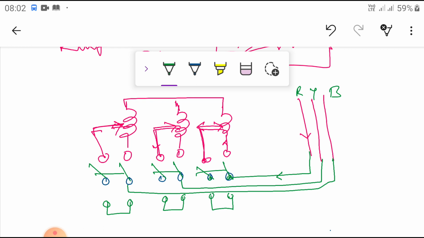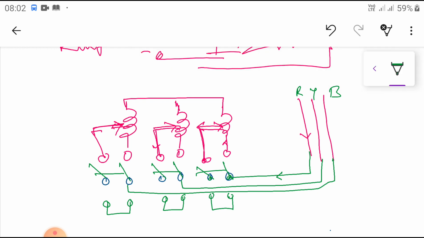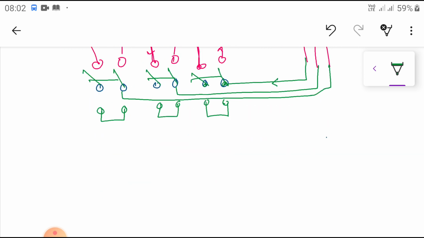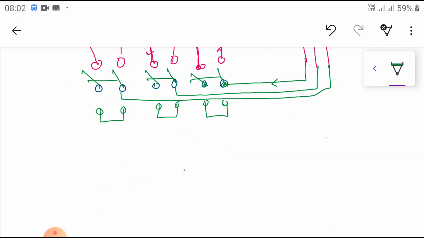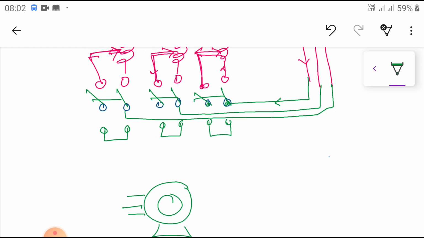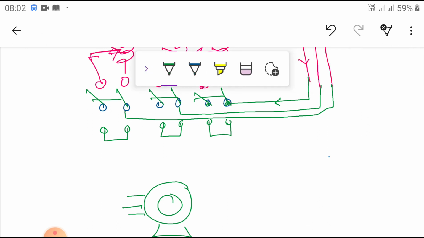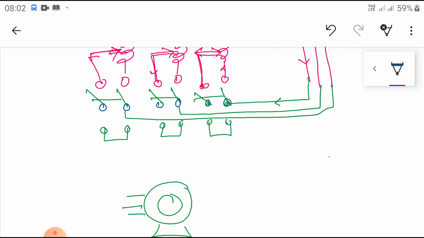Okay, now I connect another arrangement. So here my motor connection is this one. I am going to connect the three-phase supply here. Then I connect from these two terminals, I take another color. Here the first terminal is connected from the supply, and the second terminal I will take this one.